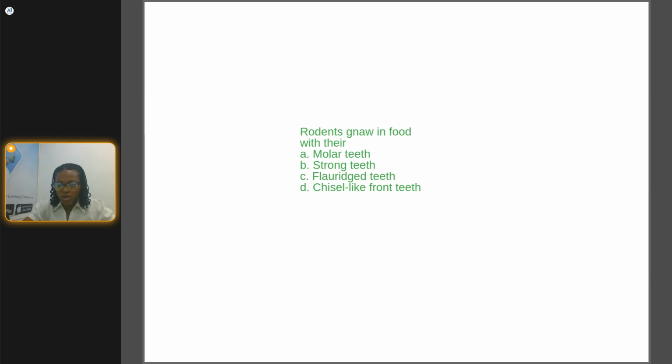Rodents gnaw in food with their dash. A. Molar teeth. B. Strong teeth. C. Flourished teeth. And D. Chisel-like front teeth.